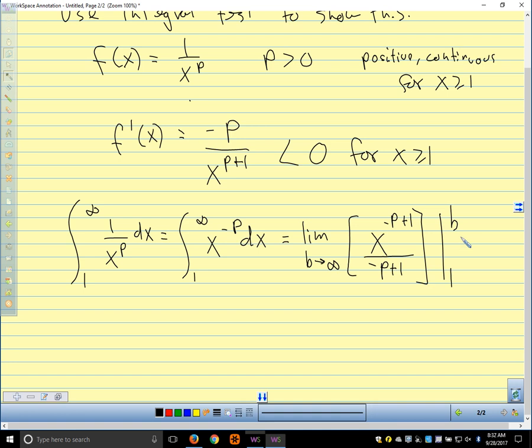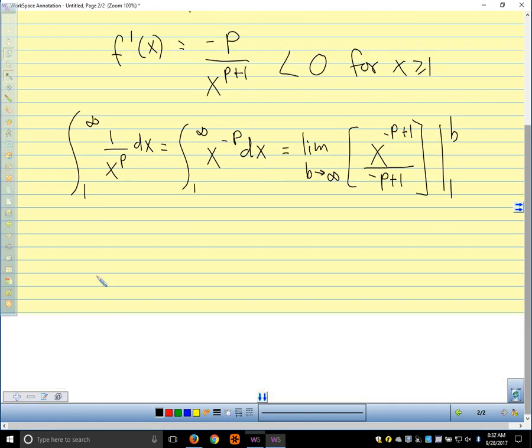I'm going to rewrite this now. We want to evaluate this. So this equals, and I'm going to pull out this factor, which is constant and doesn't change, and write it as 1 minus p. So 1 over 1 minus p times the limit as b approaches infinity of x to the 1 minus p, evaluated on 1 to b.